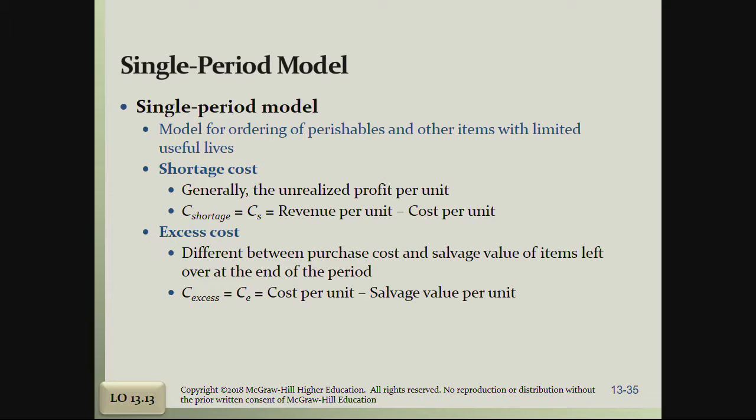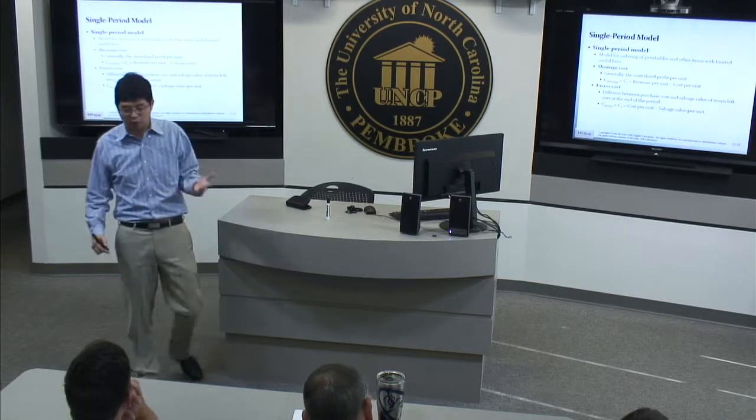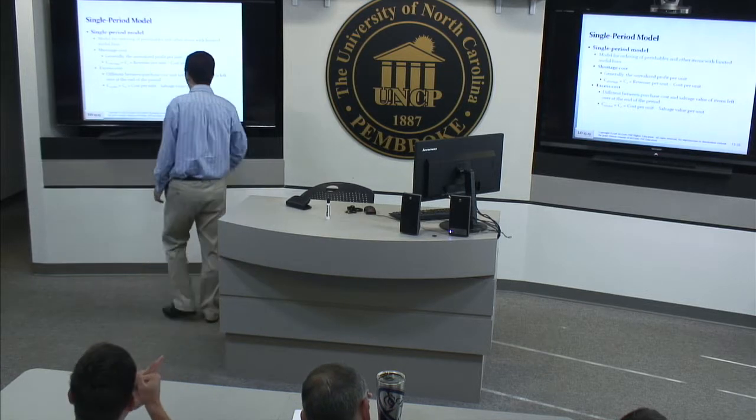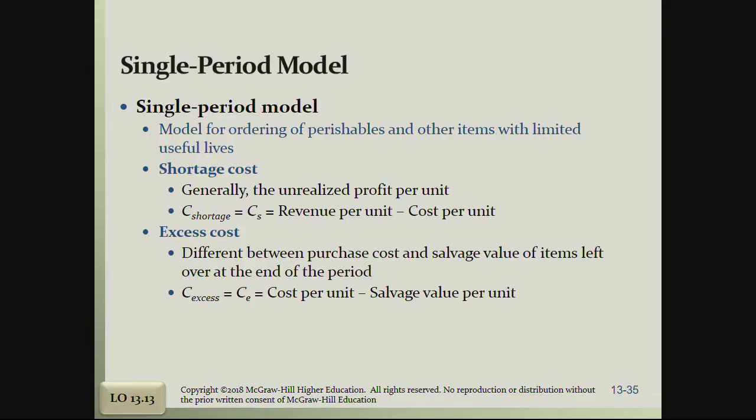Right? So there are two costs we have to consider for this single period. We just focus on this period. First one is the shortage cost. It's easy to understand. That means if this newsboy purchases less than the required Wall Street Journal, there's a shortage cost per unit. Generally speaking, it is the unrealized profits.